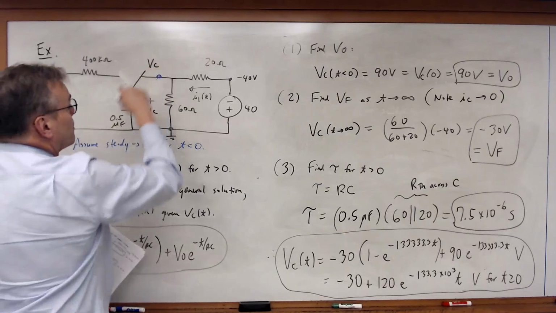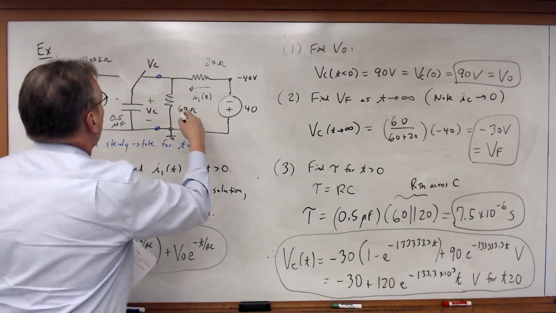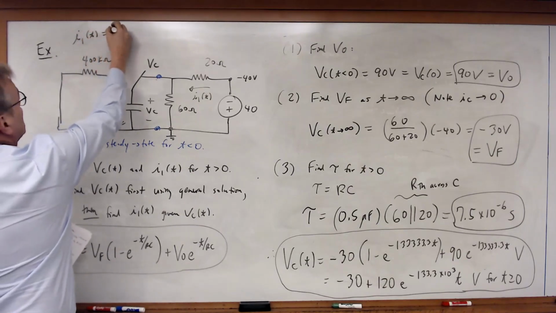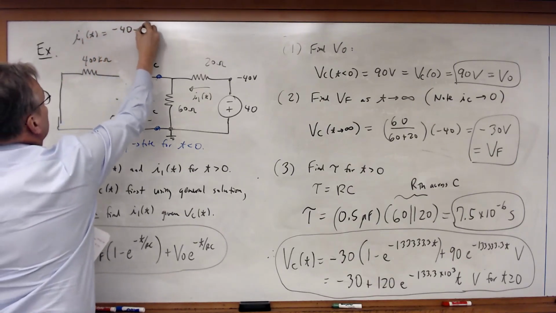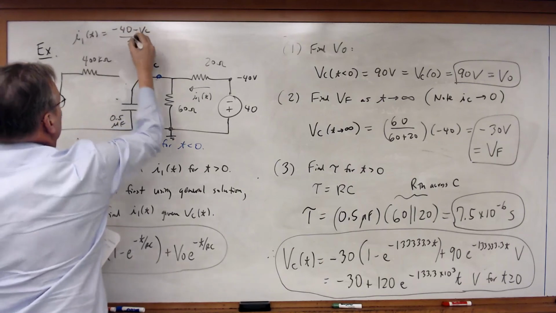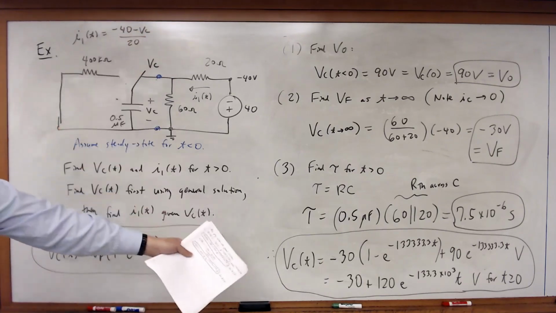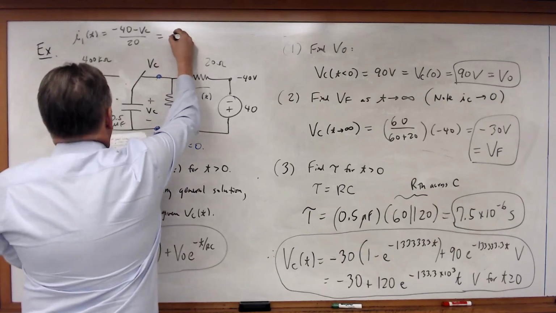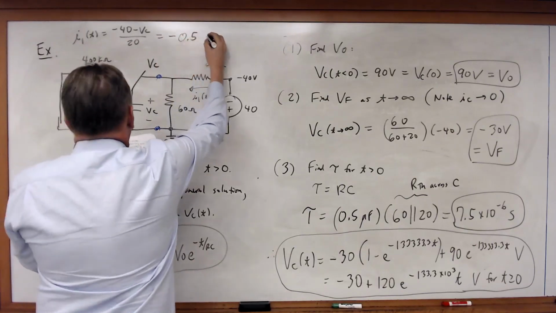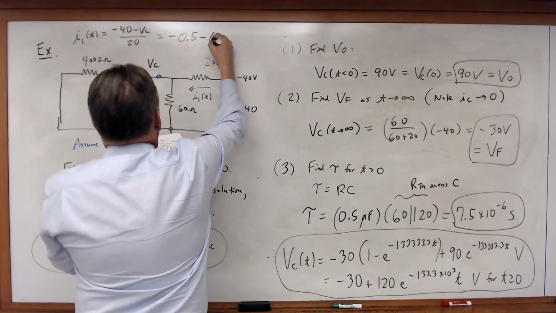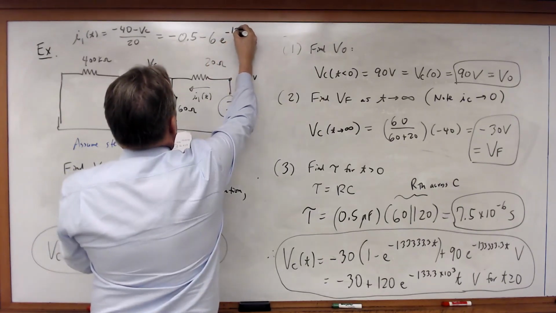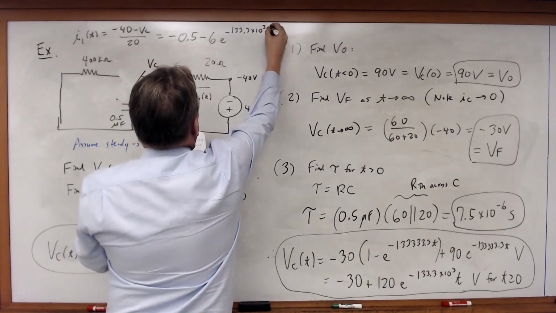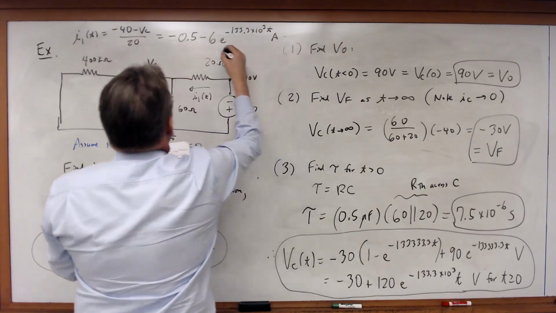So I know that the voltage of that node is VC, and therefore I1 of t is just equal to minus 40 minus VC over 20. And I can plug that in and evaluate it, and what I'm going to get is it's equal to minus 0.5 minus 6 times e to the minus 133.3 times 10 to the third t amps.